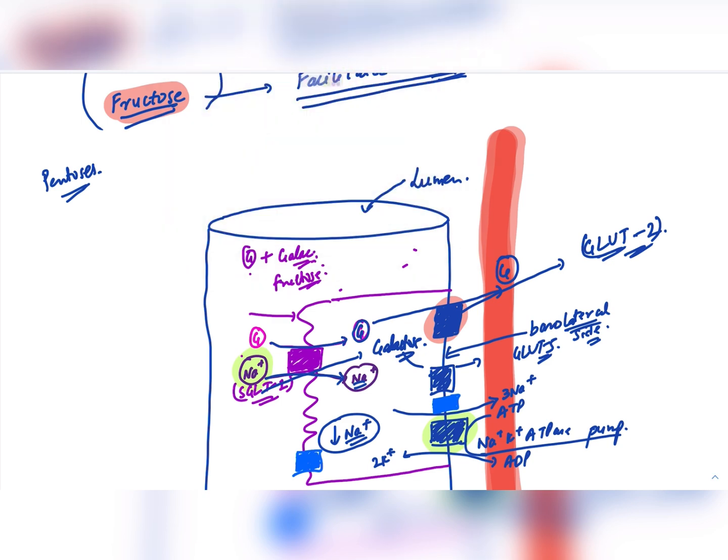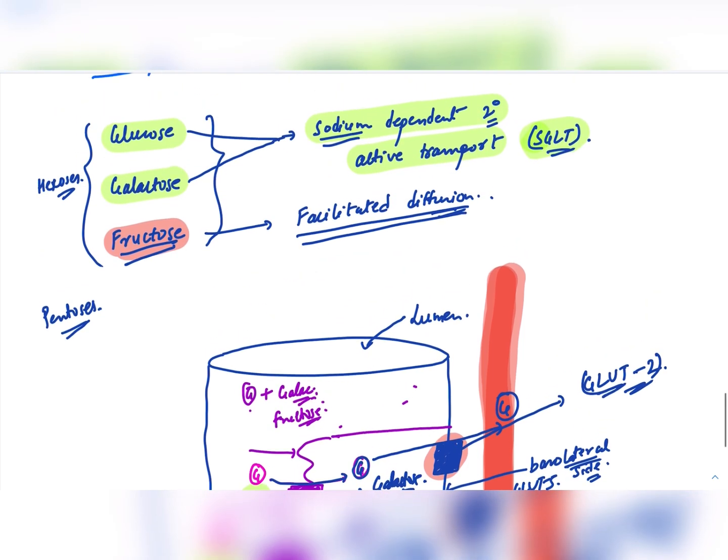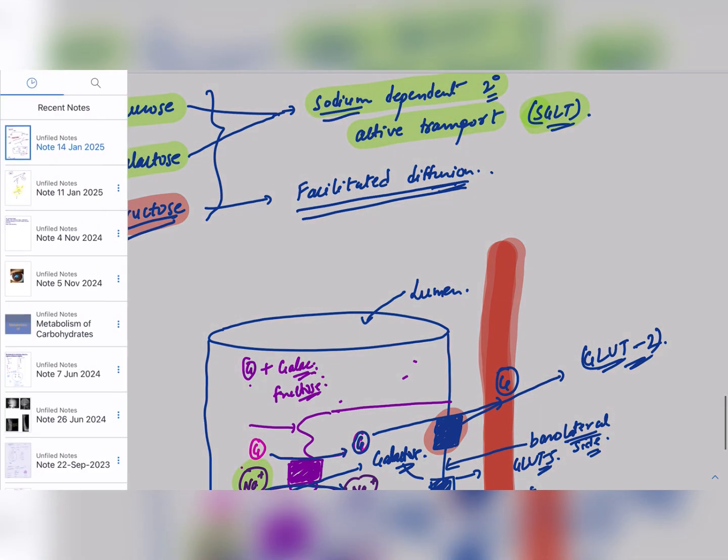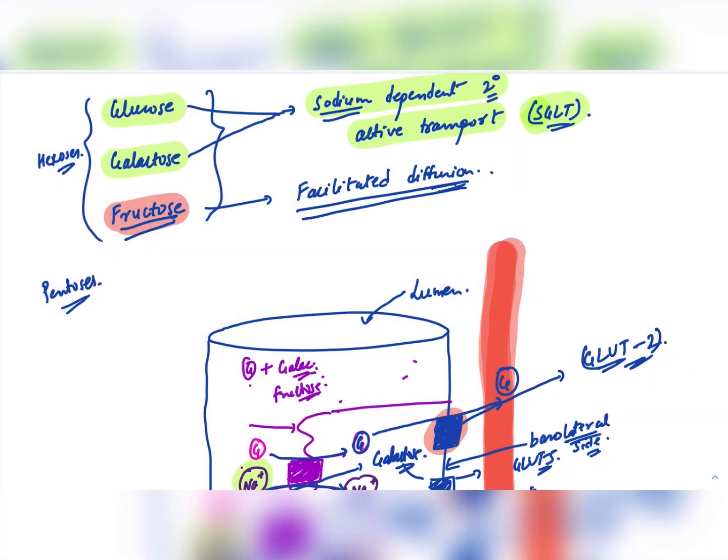Through GLUT5, fructose is absorbed by facilitated diffusion, and after entering the intestinal epithelial cell, it gets absorbed into the capillaries. Clear? So fructose is not making use of any sodium or indirect ATP.